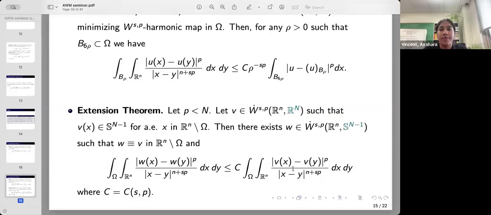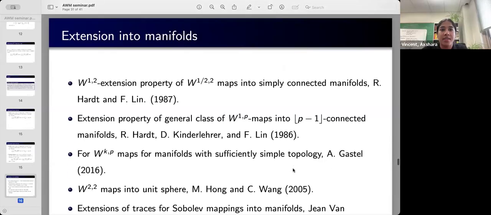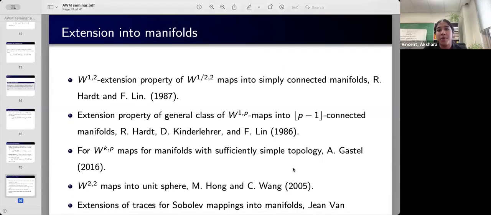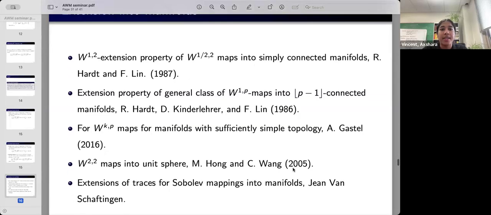And I would like to give some background on the extension theorem here. The W^{1/2} extension property of W^{1/2} maps into simply connected manifolds has been done by Hardt and Lin in the original paper, and they also did it for p-connected manifolds with Kindler. There are works on W^{k,p} maps for manifolds with sufficiently simple topology by Kitzel.